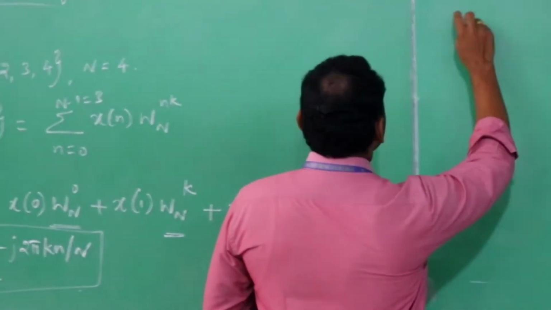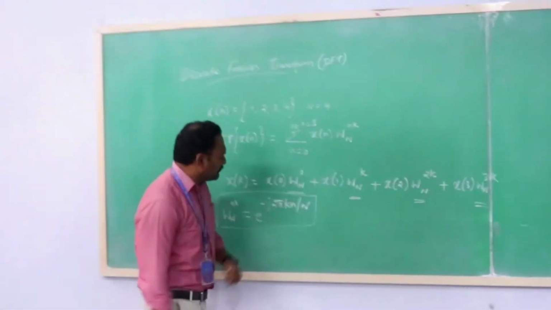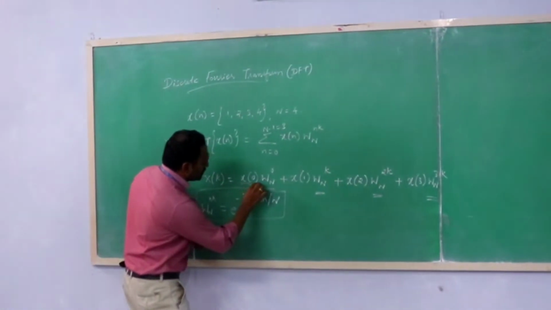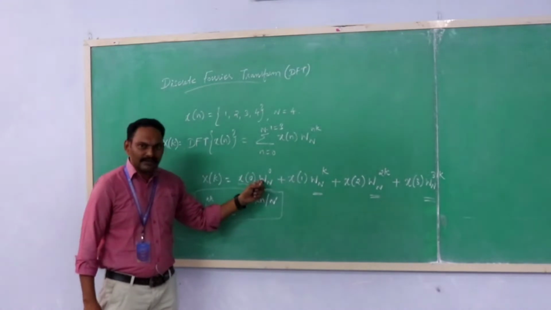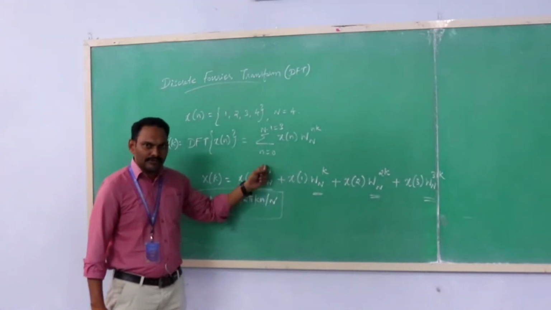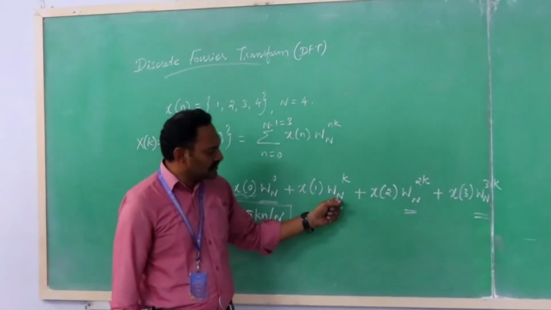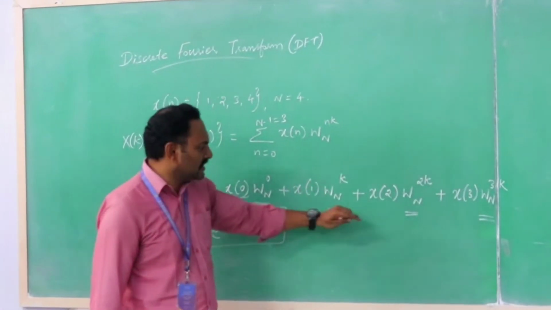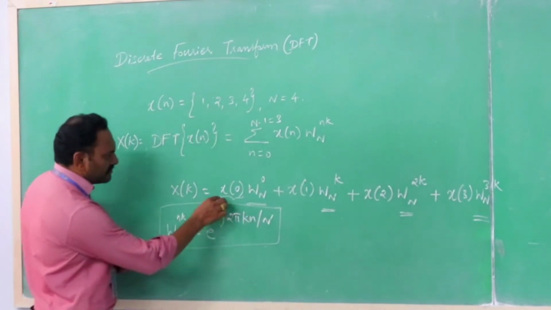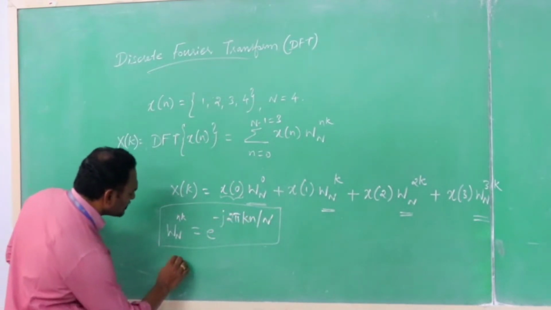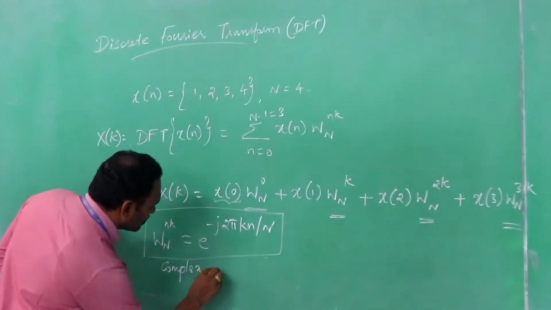While doing this, the input is a time domain sequence, which is multiplied by the complex multiplication value W N to the power 0. Likewise, x of 1 is multiplied with the complex multiplication value W N to the power k, and so on. Let us find how many complex multiplications are required.